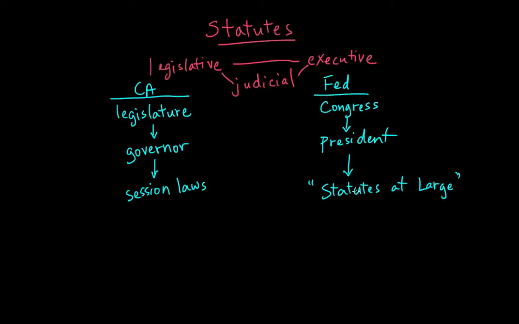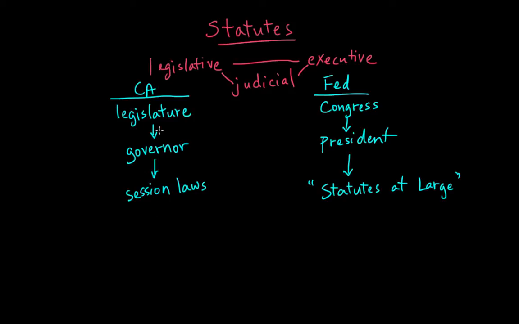So whatever statute is passed by the legislature and then signed into law by the executive, it's just the next one on the list. So there's no other organization to the session laws or statutes at large, and it makes it really hard to find any particular statute. So to address this problem, the statutes are also grouped and organized by subject. And they're grouped and organized by subject into something that we call a code.